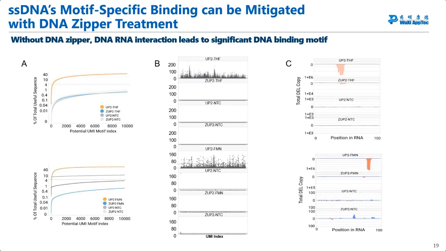From this data, we concluded that the significant interaction between riboswitch and the single-strand DNA DEL can be dramatically decreased by the zipper treatment, so that in a real DEL selection, the binding pattern of chemical warheads will not be diluted or interrupted. So from this data, what you are looking at is the lines in orange and the lines in blue. The line in orange is the single-strand DNA DEL, but the line in blue is actually zipper DEL.